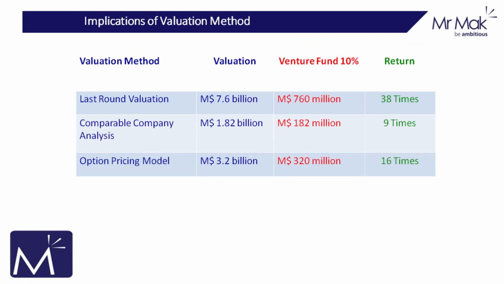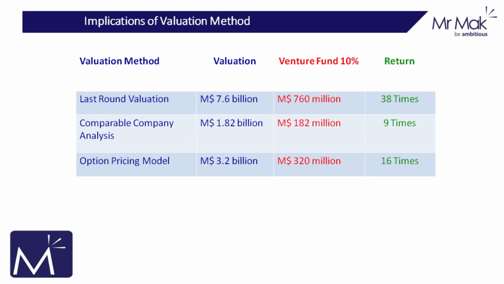After factoring in a 30% liquidity and marketability discount, our final valuation for the entire company would be 1.82 billion, and the fund's 10% stake would be valued at 182 million. That indicates a return of just over 9 times. That's pretty good, but it's way off the 38 times when we applied the last round valuation.